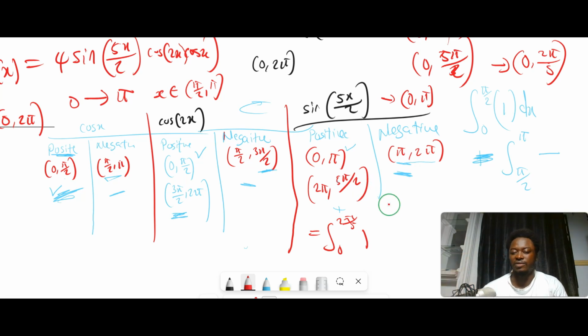There will be a negative, so we have a negative 1 minus the integral from 2 pi over 5 to pi over 2, and then from pi over 2 to 3 pi over 2, we already considered that it will be a plus 1.